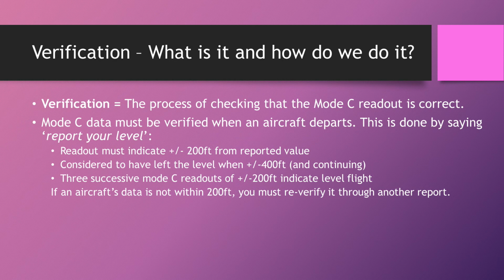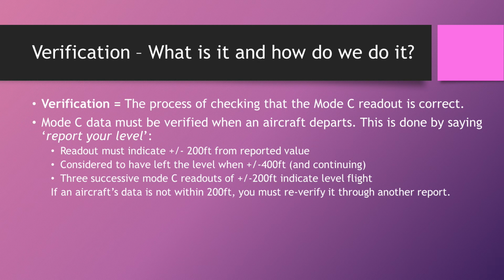From whatever altitude or flight level the aircraft reports, the figure on the screen must be within plus or minus 200 feet from the reported value. So if they report 2,400 feet and the number on your screen is between 2,200 and 2,600, then that aircraft is verified. If it's outside those parameters, then the aircraft isn't verified and you have to re-verify them through another report.